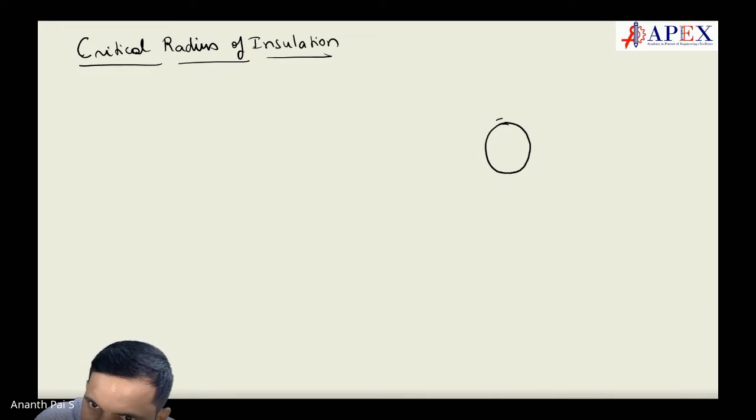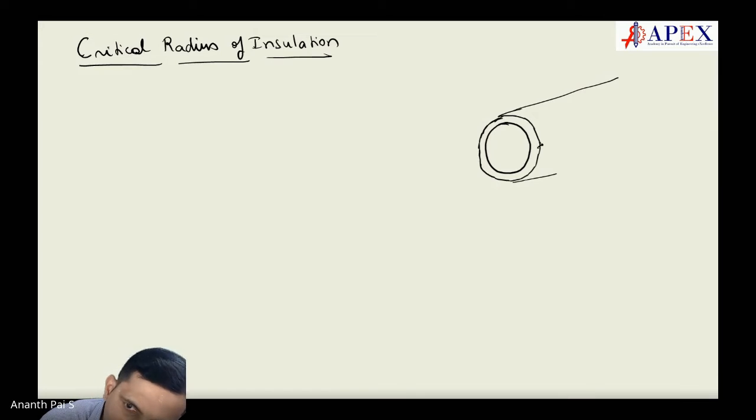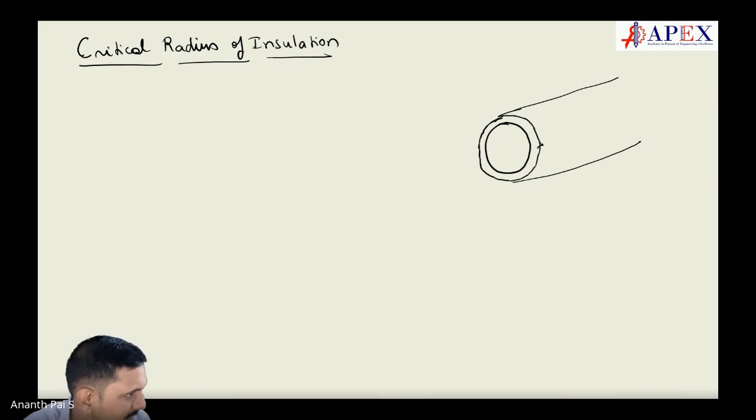Let us take, this is a pipe, heated pipe where steam goes. Okay, this is a steam pipe. Steam is going inside, and this has a temperature TT. TT is the temperature of the tube.